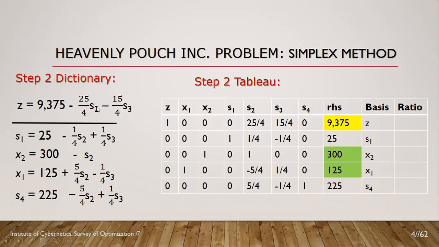Recall that the coefficients in the tableau format appear with the opposite sign. So using both the step 2 dictionary and the step 2 tableau, we can conclude that 9,375 is the optimal value of this objective function, with the number of products produced of 125 for product 1 and 300 for product 2.